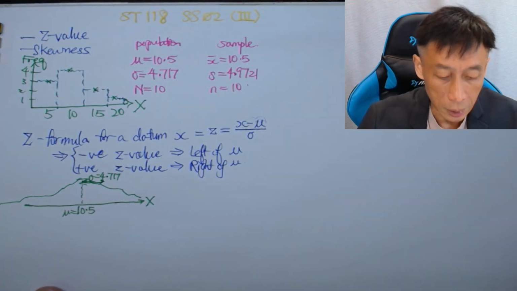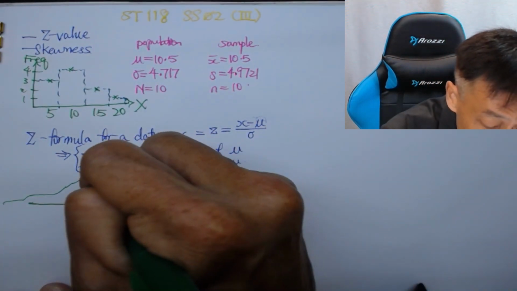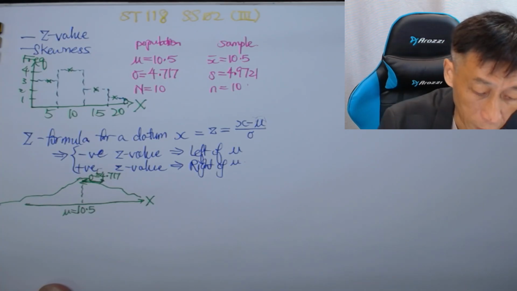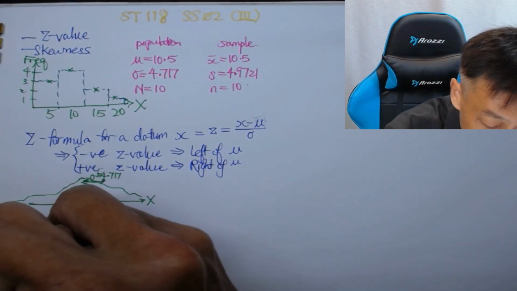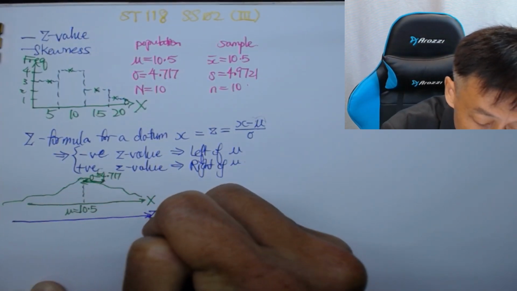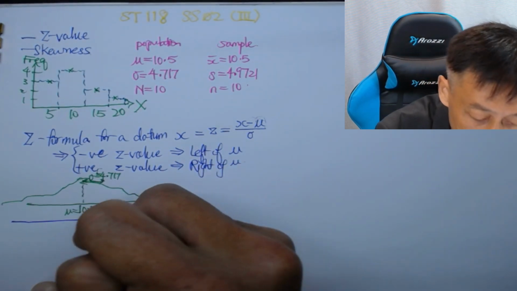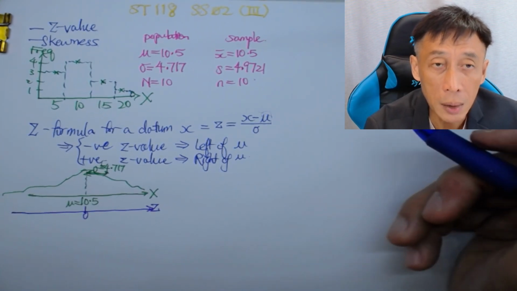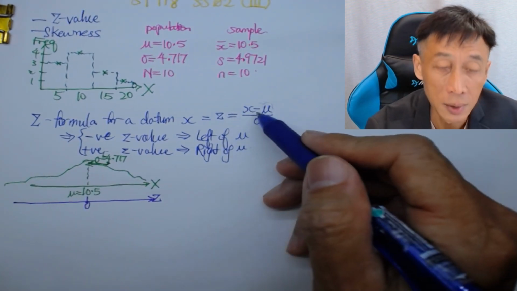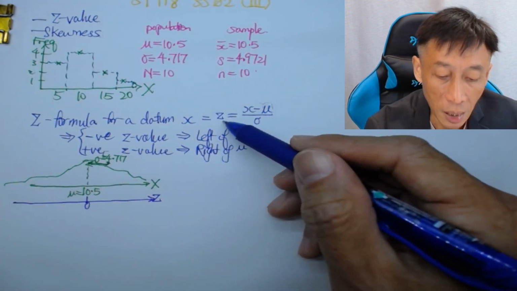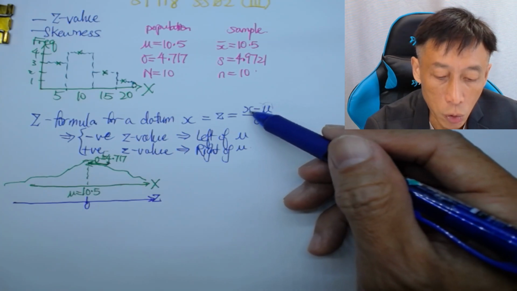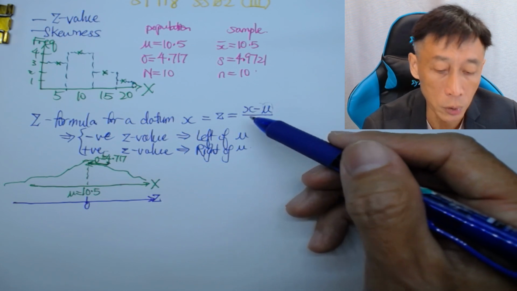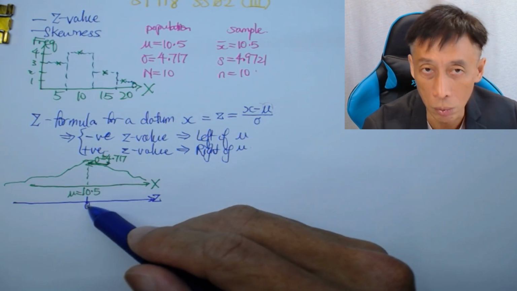All right, so what is the significance here? Well, if we map it to the z value axis, the mean always becomes 0. The population mean always has, by definition, a z value of 0, because if you substitute mu into x, mu minus mu is 0, no matter what your sigma is, right? So the z value of mu is always 0.